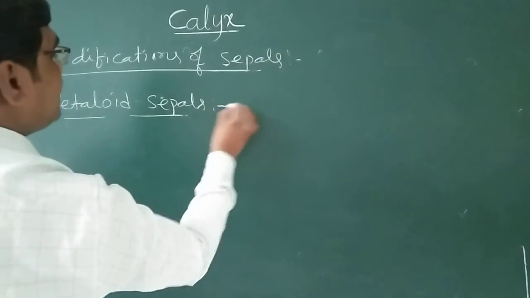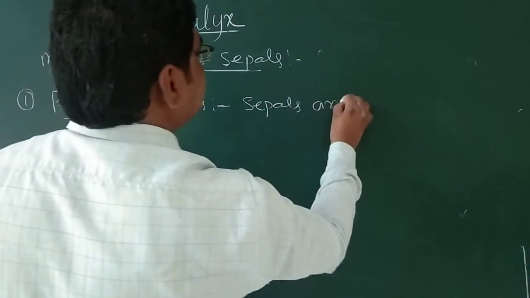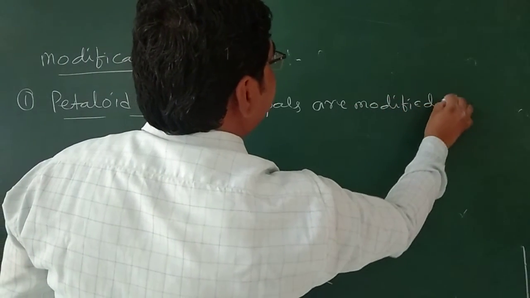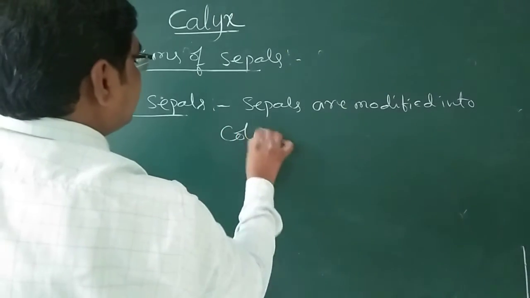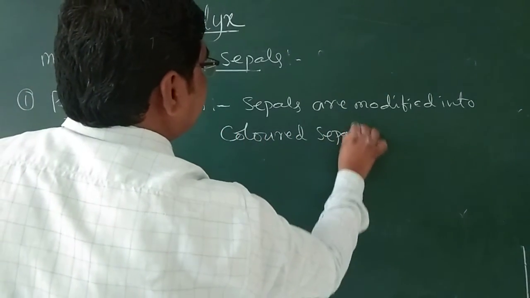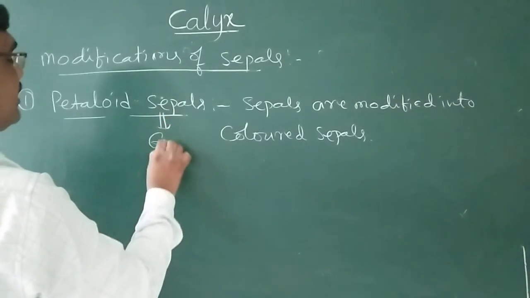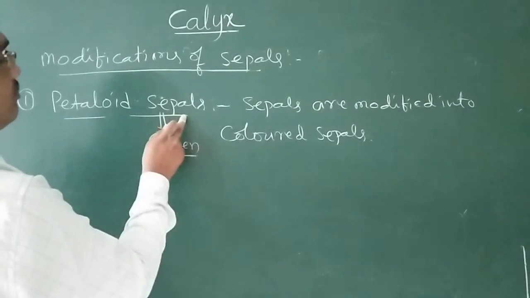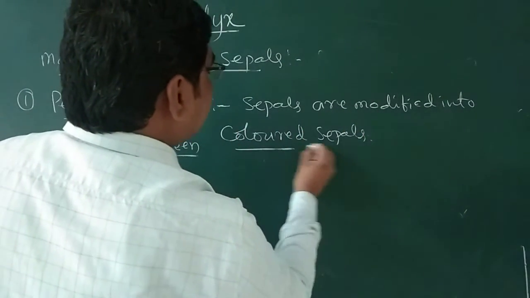Generally the sepals are green in color, but in petaloid sepals the sepals are modified into colored sepals.